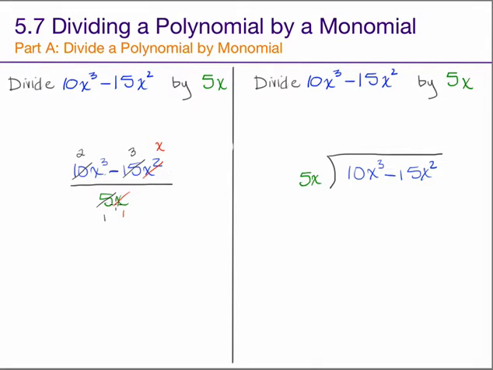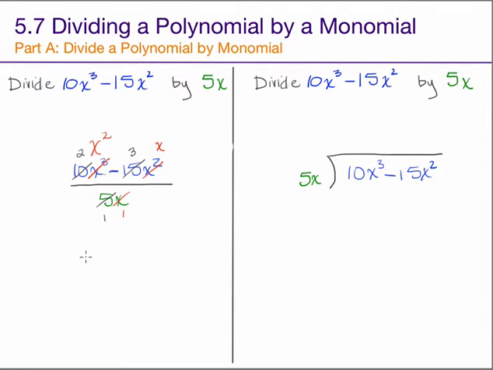I need to multiply x by x to get x squared, so x goes into x squared x times. What do I need to multiply by x to get x cubed? X times x squared is x cubed. So if I'm going to cancel this x, and I know I have to do it in both terms, what do I need to multiply this x by to get x squared and to get x cubed?